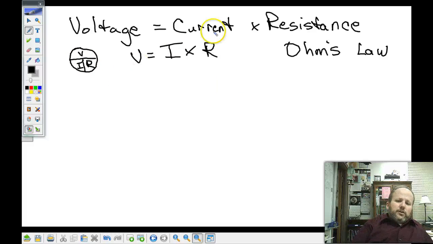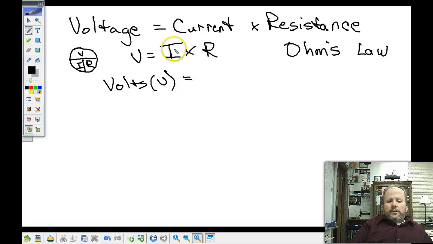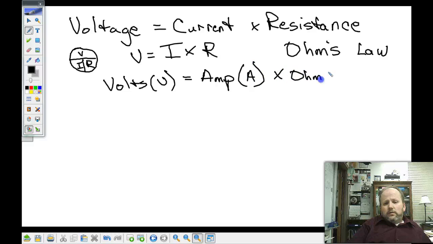The units we're going to use on this equation: voltage is given to us in volts, abbreviated with a V. The unit of current is an amp, which is abbreviated with an A, and resistance is an ohm, which is abbreviated with omega.